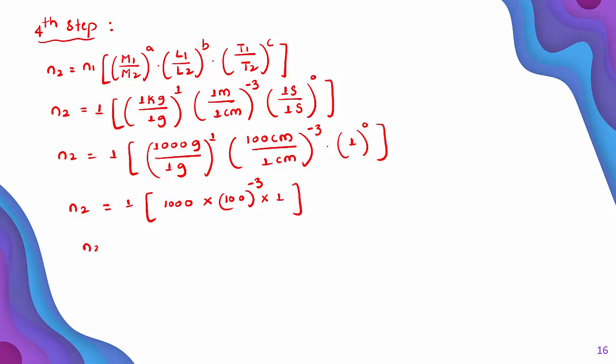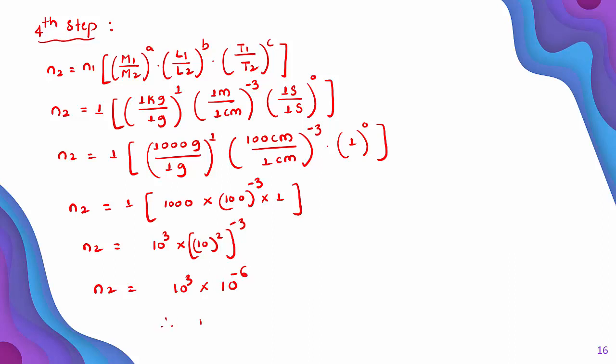Now we can write N2 equal to 1000 can be written as 10 raised to 3, into here 100 can be written as 10 raised to 2 whole raised to minus 3, or N2 equal to 10 raised to 3 into 10 raised to 3 2s are 6. So this will be minus 6.